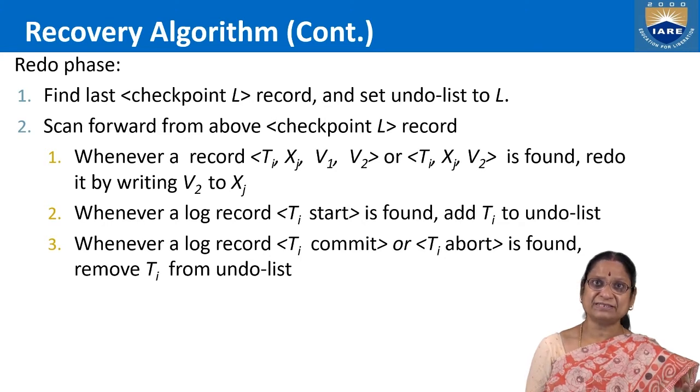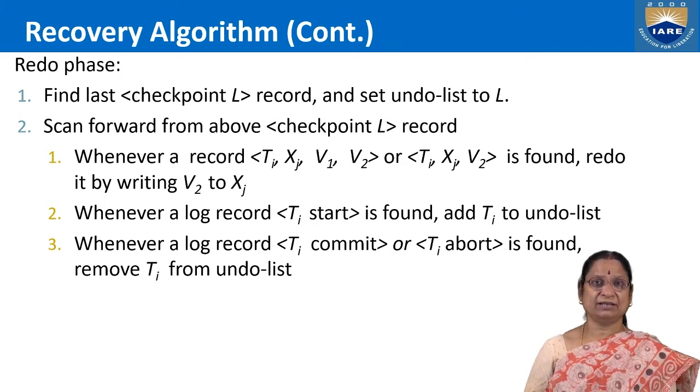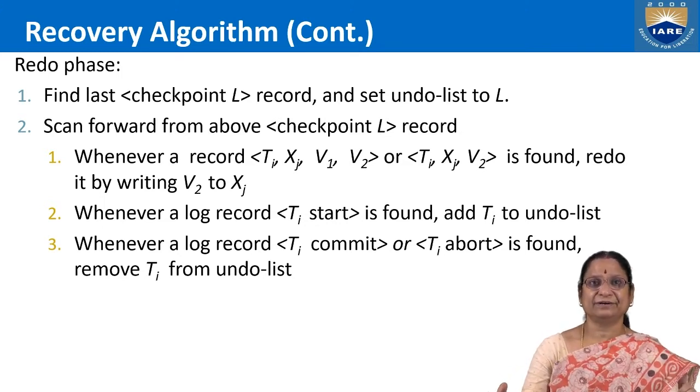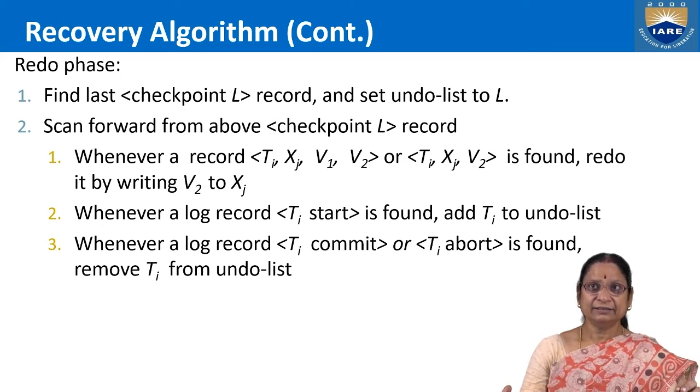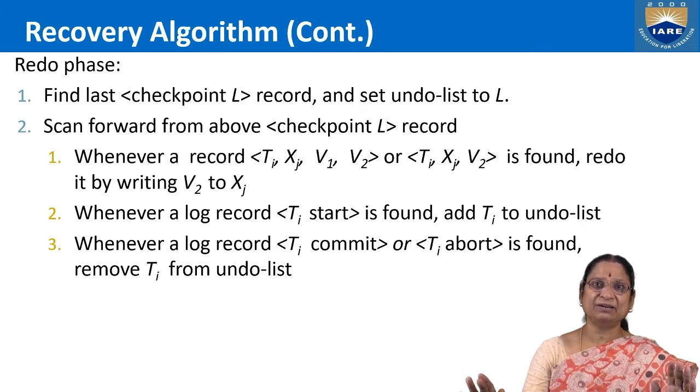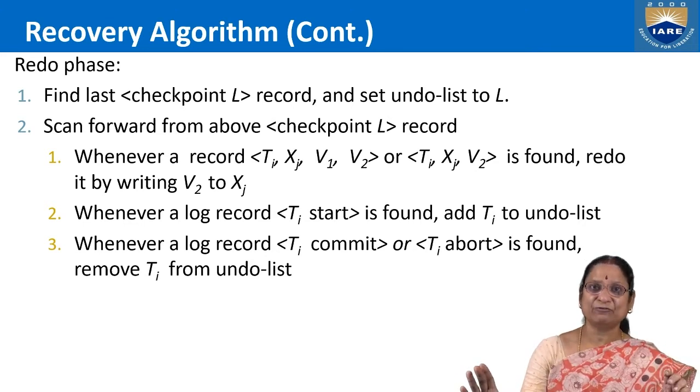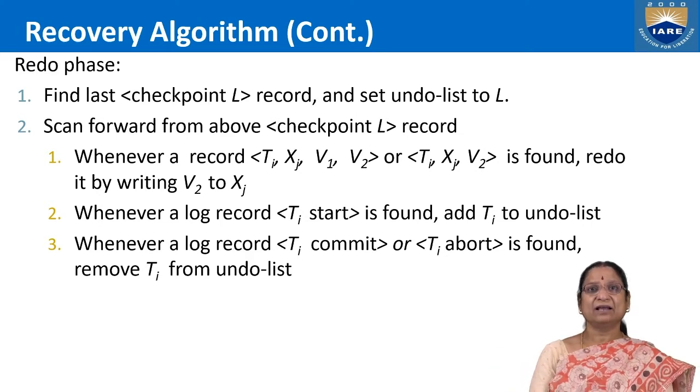The redo phase first finds the last checkpoint. From that point onward, any process has to be considered. Then set the undo list to empty. At the time of redo itself, we will find which transactions have to be undone afterwards.